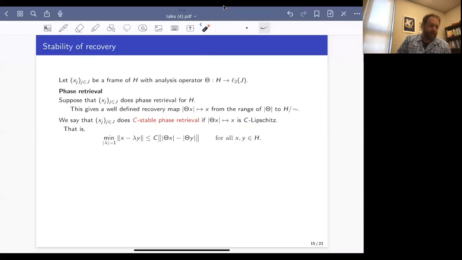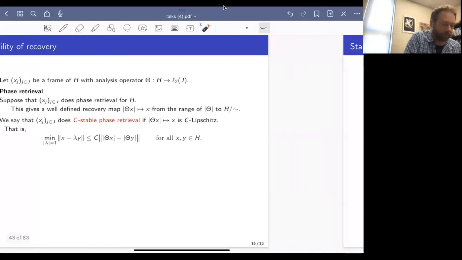Doing C-stable phase retrieval means that this inverse function is C Lipschitz. When you actually do phase retrieval in applications, you care about resilience to error, you care about stability. So being C-stable says that your recovery map is C Lipschitz.